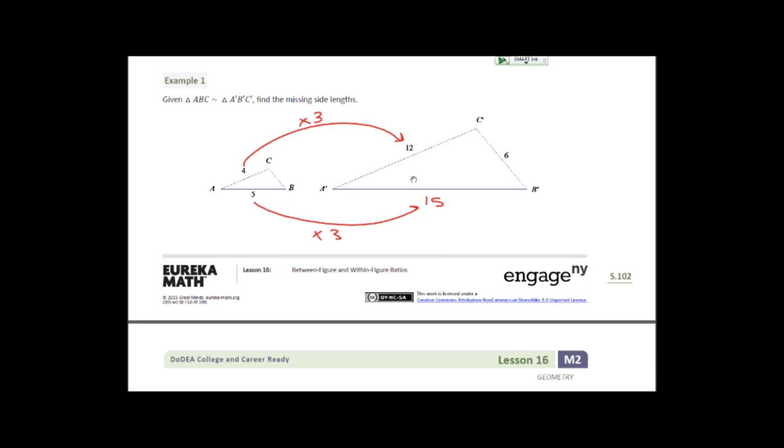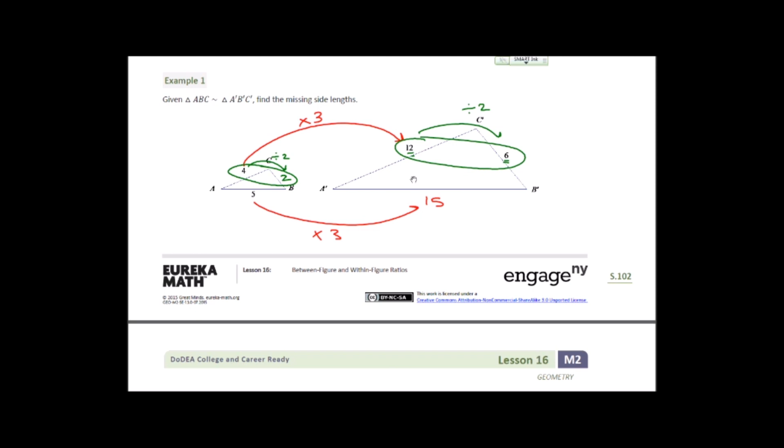Now you also might notice that, hey, look, if I look at this within ratio, this length 6 is half of 12. And so I can look over here at this within ratio and say this length must be half of 4, so this length must be 2.